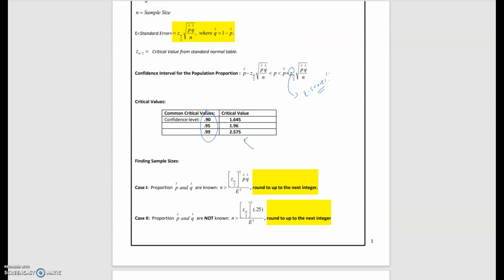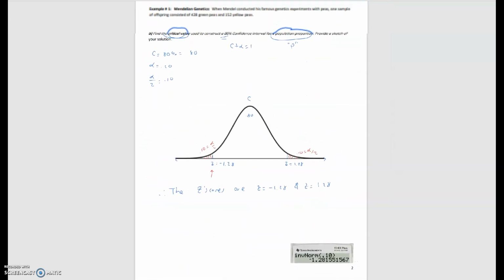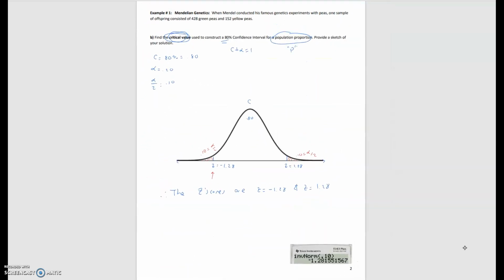So you're going to notice that none of these give you the negatives. So you're only reporting the positive. That's so that it matches the formula from min to max. So it's part of the formula. So in this case, we would report that the critical value is z is equal to 1.28.